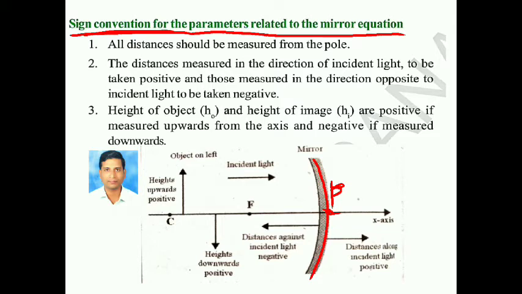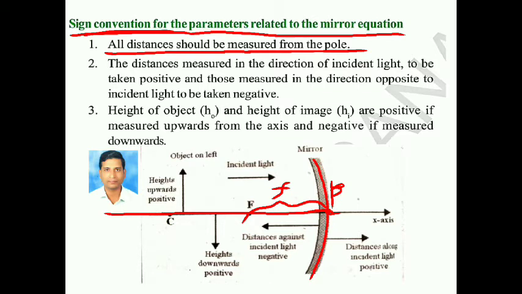First rule, all distances should be measured from the pole. For example, you are measuring the focal length. We have to measure from pole to focal point. This is focal length.